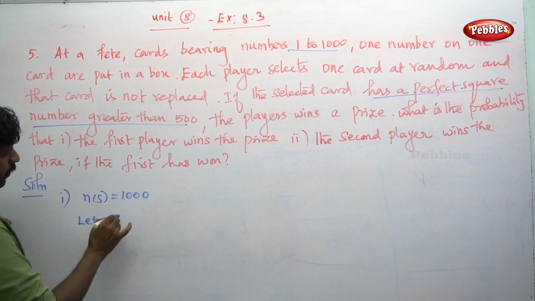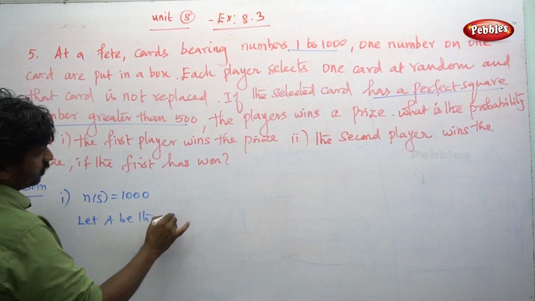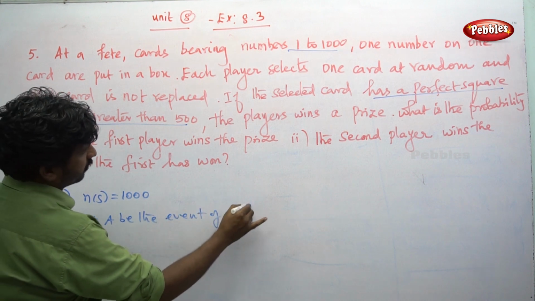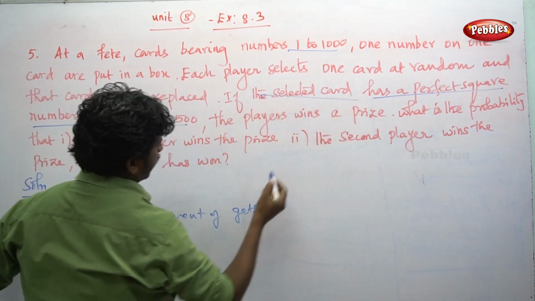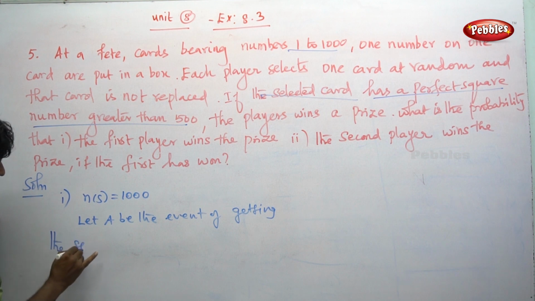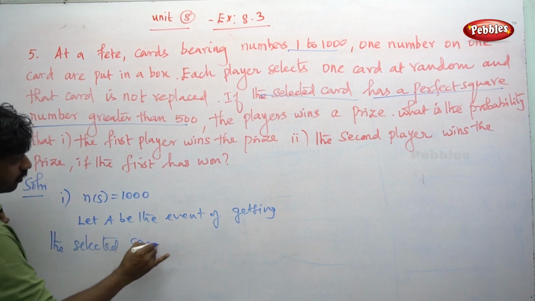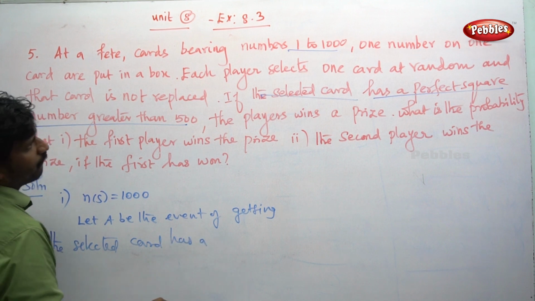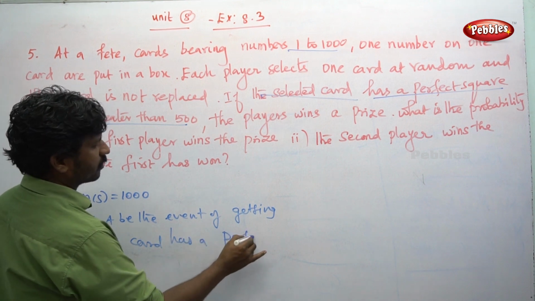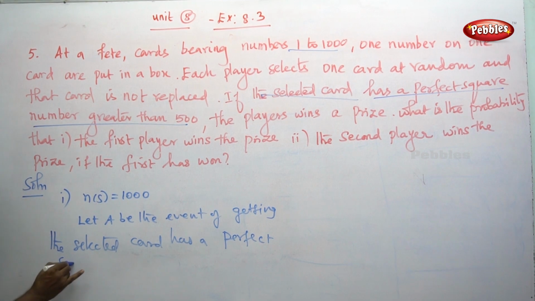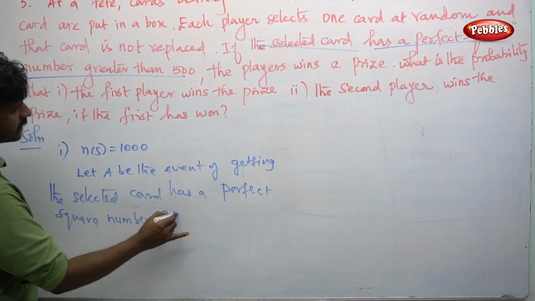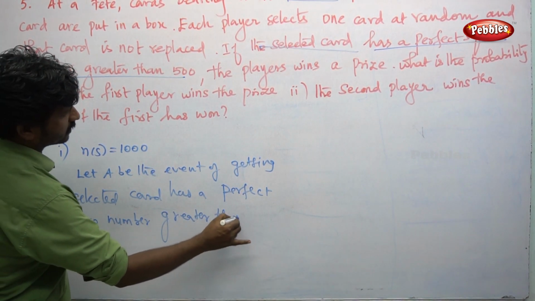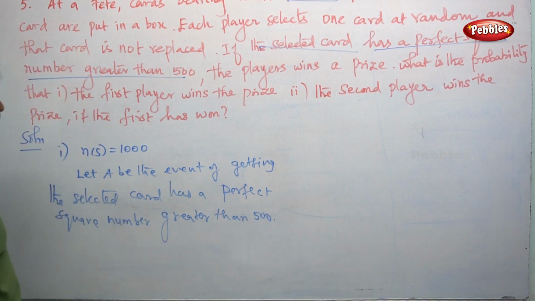Let A be the event of getting, as given, the selected card has a perfect square number greater than 500, right? So I am going to write the perfect square numbers from 500 to 1000.